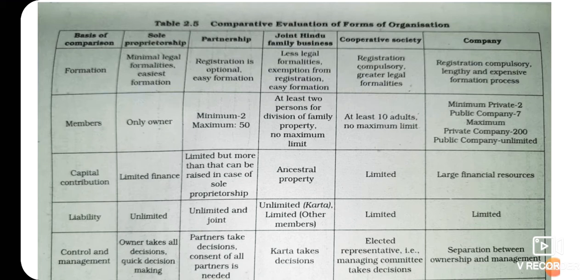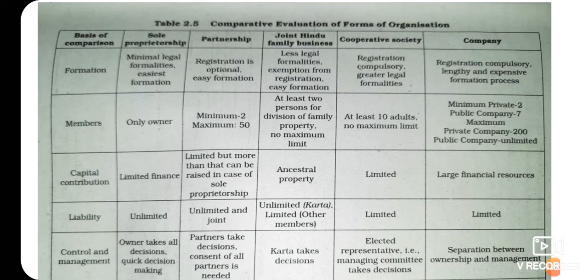Coming to cooperative society, at least 10 adults, no maximum limit. Company: minimum for private to public company is 7. Maximum for a private company is 200, public company unlimited. So members can be unlimited in a public company.